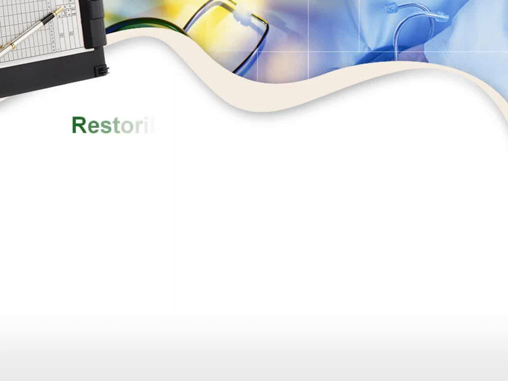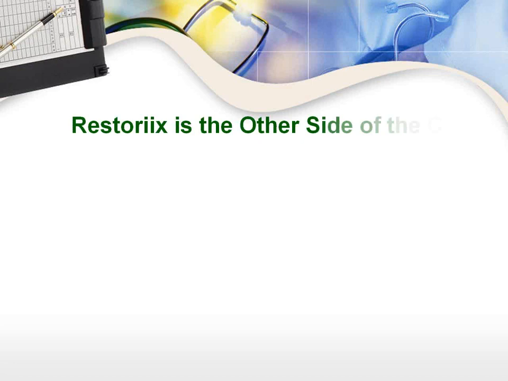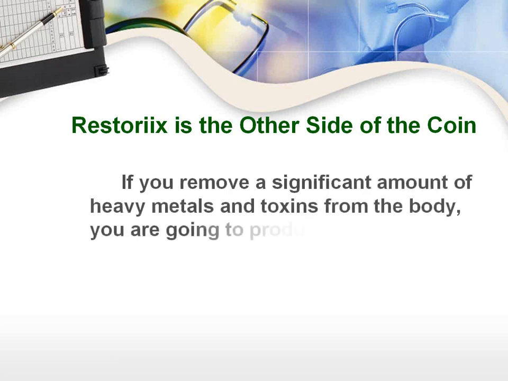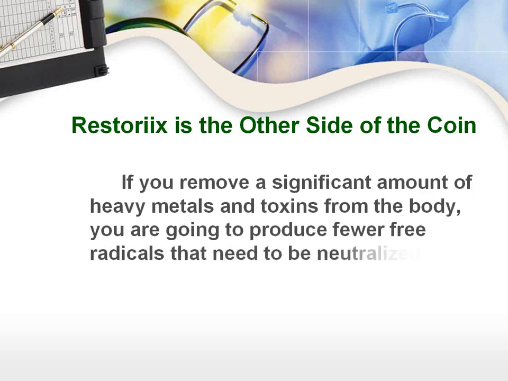So what you have to learn is that Restoriix is the other side of the coin. In other words, on one side, you are building up your body's natural antioxidant defense system. Remember, balance is the key.